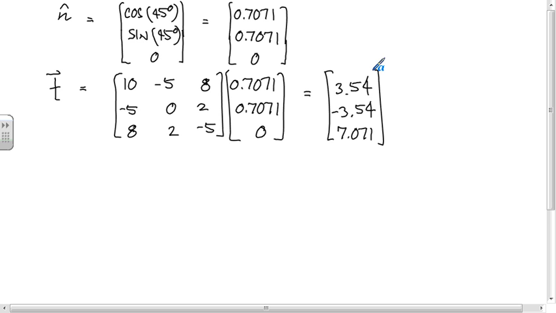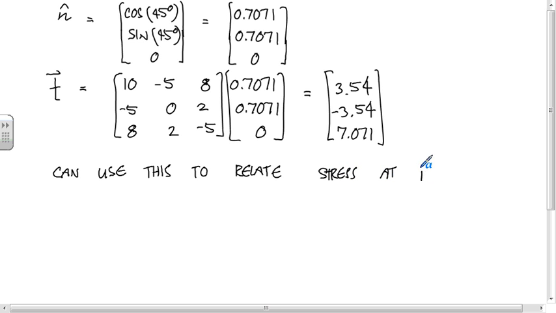So you can use this traction stress tensor relationship to relate stress at boundaries to the applied load, as long as you know a normal to the boundary.